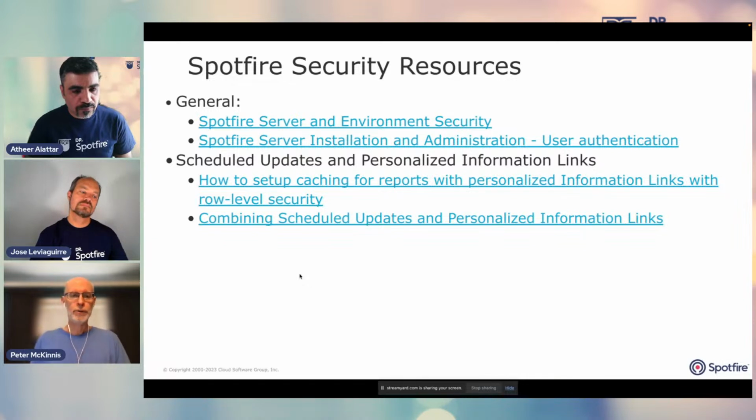If you're loading a lot of scheduled updates, and that's scheduled updates per web player as well, you have lots of web players running, and your database may not be able to handle all those running at one time. That's something to think about. Those all can affect it, but it depends on the environment as well. Hopefully that gave you a good starting point.